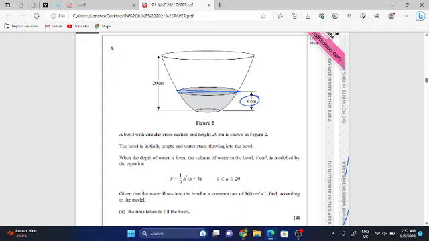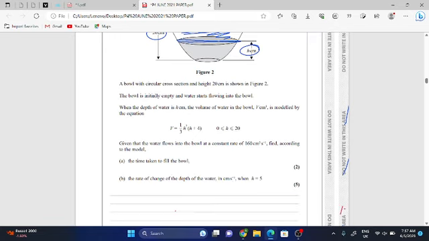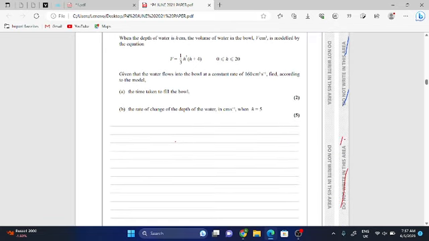When I fill the water in this bowl up to the last point, that would be treated as full, and for that my height would be 20 centimeter. So my first step should be finding my volume when my height is 20, because I have to find the time taken to fill the bowl.